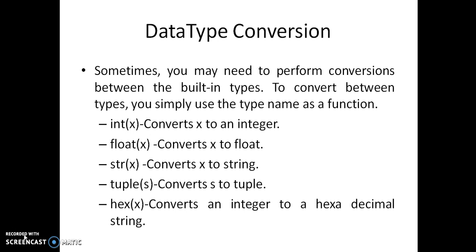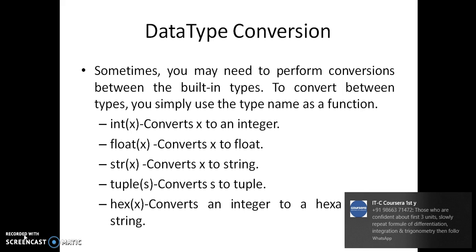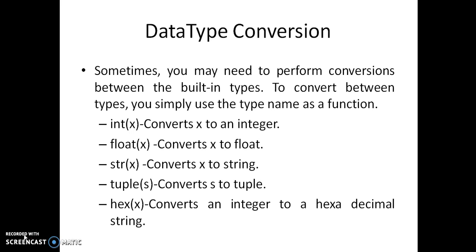Say I have an integer value and I want to convert it into a float value to get fractional values, or I have a string value and I want to convert it into an integer value, or I have a float value and I require only the integer value. Then we need to convert the data type from one form to another. So here we have some of the functions which are used to convert one data type to another data type.